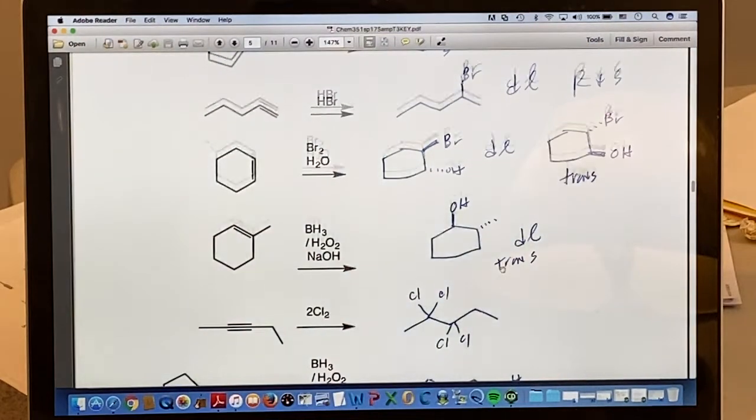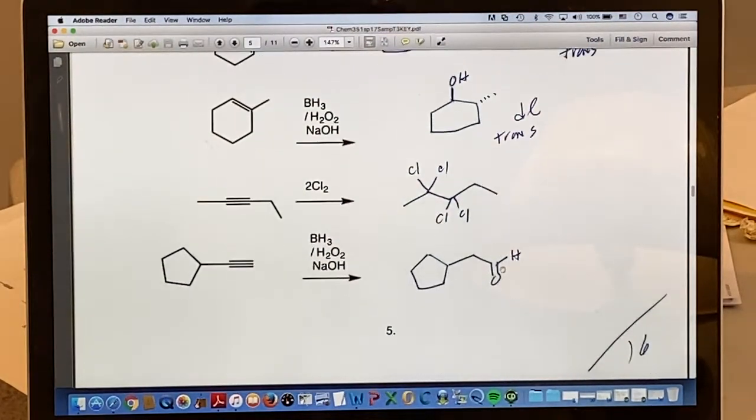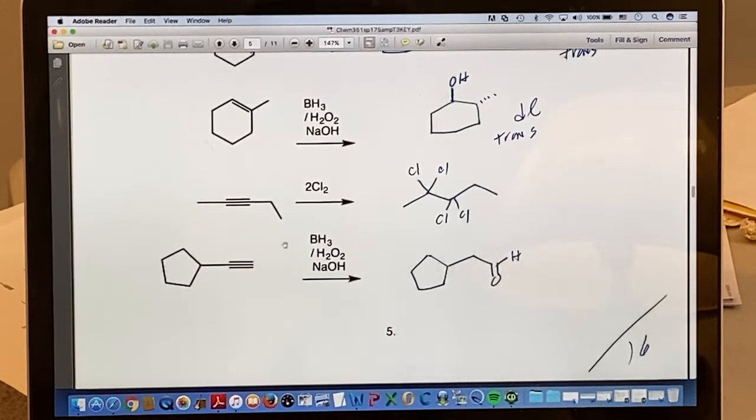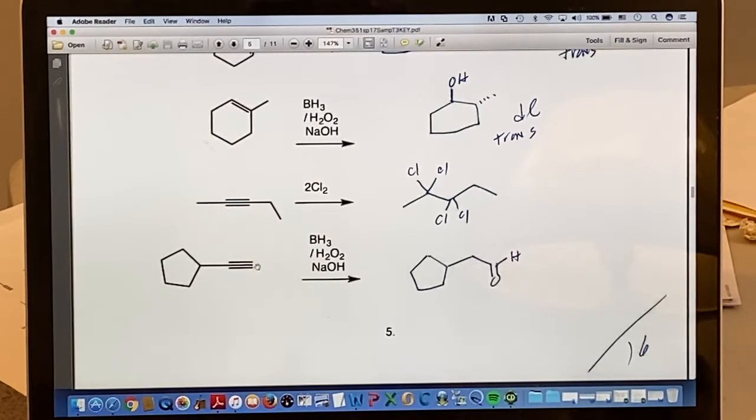Let's go down to this problem at the bottom, and that's what? Hydroboration of the terminal alkyne. So it's going to put boron here. Oxidize, it's going to give you a vinyl enol. And that enol will tautomerize to what? Yeah, the aldehyde. So there it is. Don't show the ketone product here.